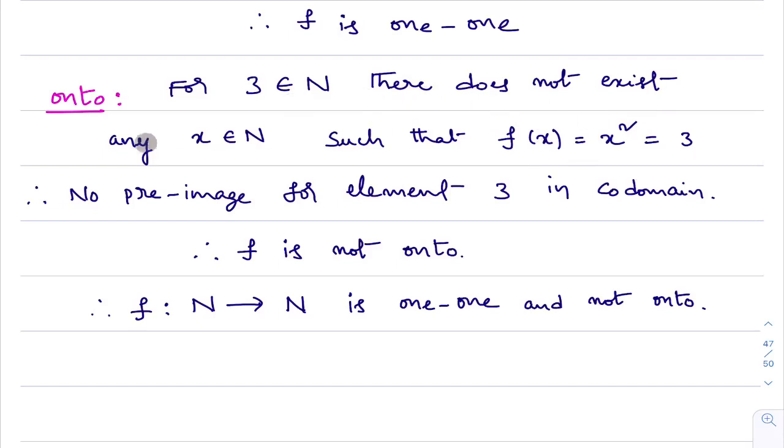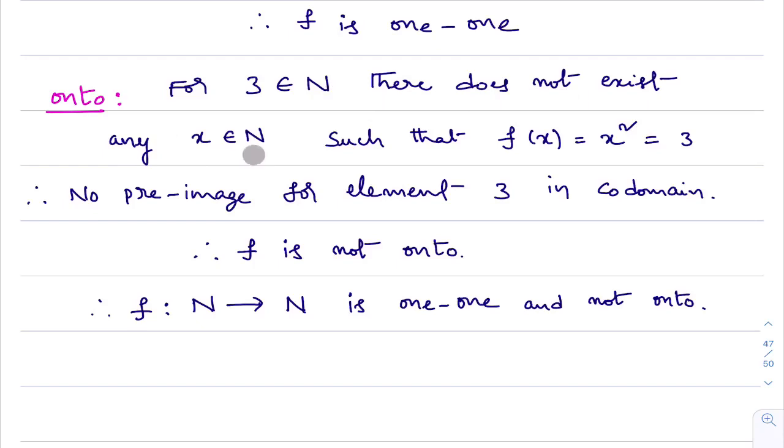There does not exist any natural number in the domain set such that f of x equal to 3. This 3 is in the codomain set. Try to understand, I took one element in the codomain set. Domain, codomain. You know what is domain, what is codomain. In case you don't know, watch the first class. I took one element in the codomain, 3. 3 is an element in the codomain. There does not exist any x in the domain.